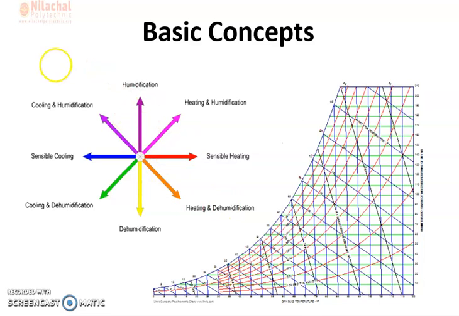In the opposite direction, we decrease the dry bulb temperature and increase the humidification. When you are talking about humidification, it is vertical upward, and vertical downward is dehumidification. So this is the basic knowledge to know the psychrometric processes.